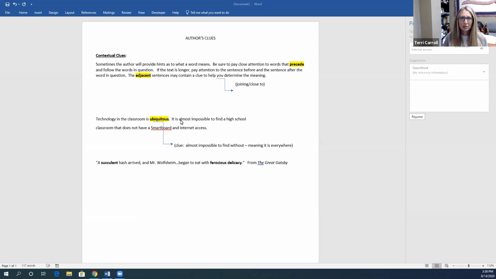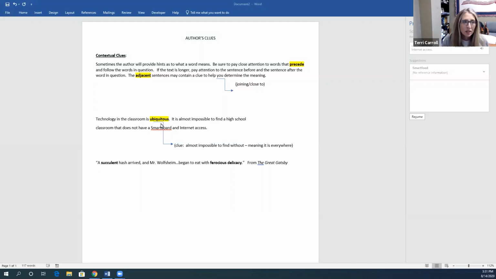Okay, so when the author is telling us it's impossible to find one that doesn't have this type of technology, that would indicate to me that technology is everywhere. So ubiquitous would mean everywhere. Technology is in the classroom everywhere. It's almost impossible to find a high school classroom that does not have a smart board or internet access.